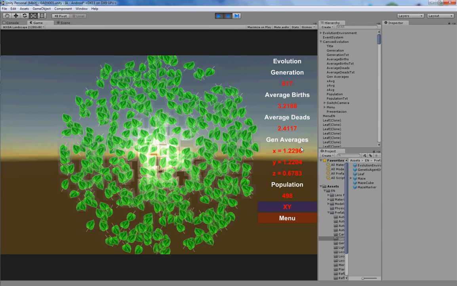At first, there are many births and fewer deaths, causing some distortion, but over time both converge. The next three are the averages of the genes. You see the X and Y genes beginning to grow and C to decrease. This means that the leaves, which at first were cubic, are becoming flat.